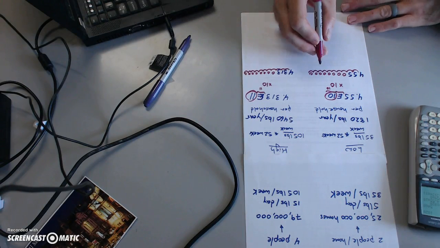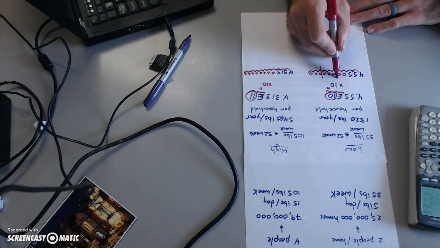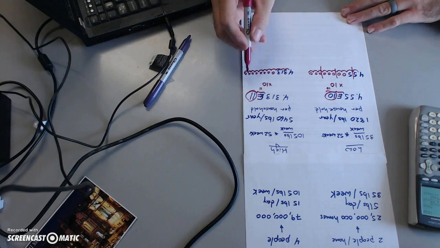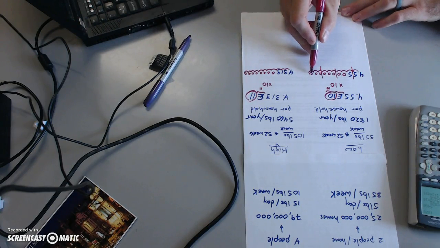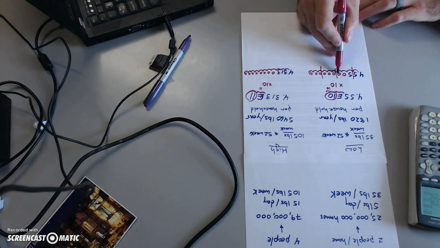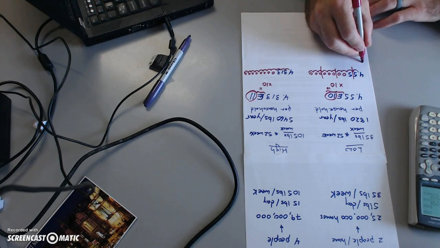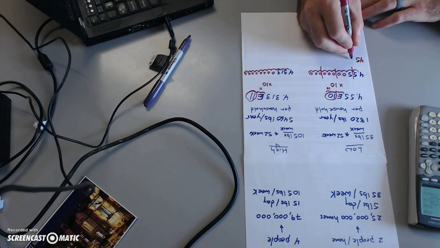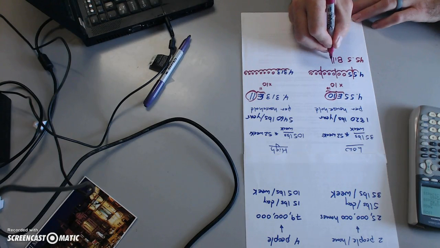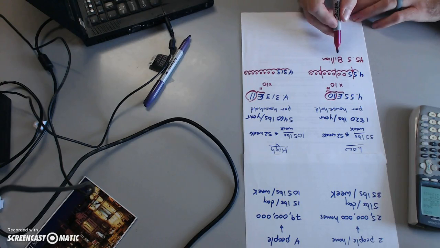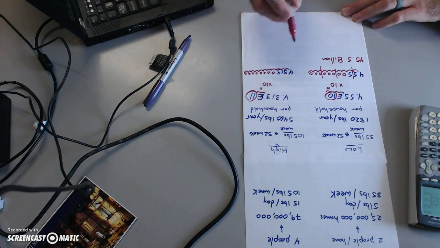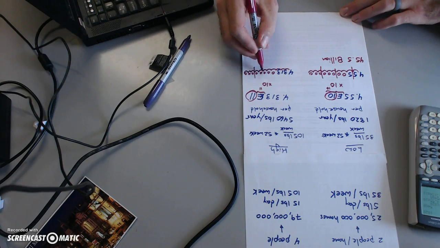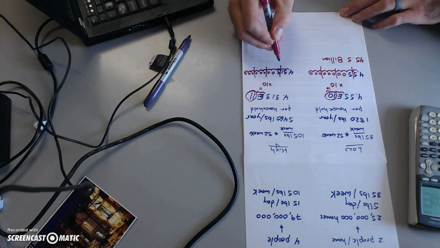So what is this number? Let's separate out groups of 3. So here are the hundreds, thousands, millions, billions. So this is 45 billion, or 45.5 billion, or 45,500,000,000. And over here, what do we have? Groups of 3, groups of 3, groups of 3.